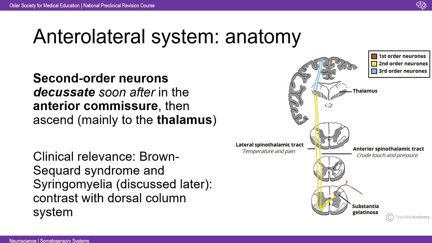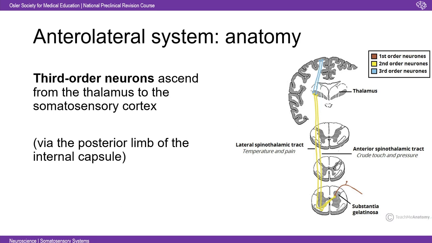So just to summarize, key points here are that, first of all, the first order neuron can go up or down a few levels in Lissauer's tract. Second of all, it synapses to form the second order neuron only a few spinal levels above or below the initial stimulus, whereas in the dorsal column system, that would be up in the medulla. And therefore, because it decussates early, it carries information on the opposite side to where the stimulus originated for most of its way up to the brain.